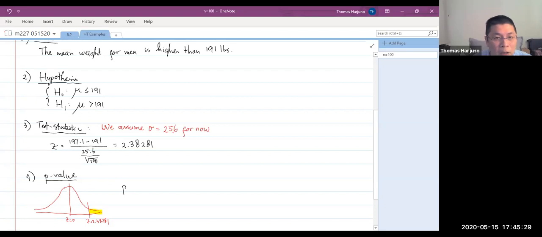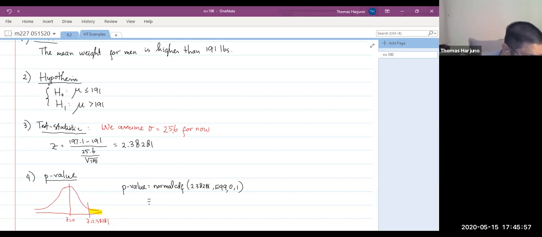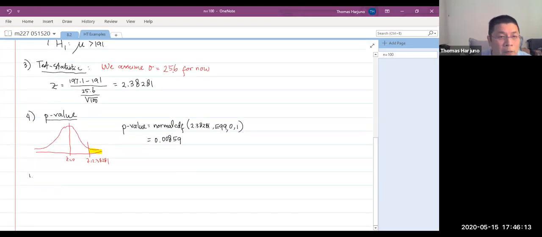So my p-value will be normal CDF of 2.38281 to E 9901. I get a very small value, 0.00859, which is smaller than the alpha of 3%.